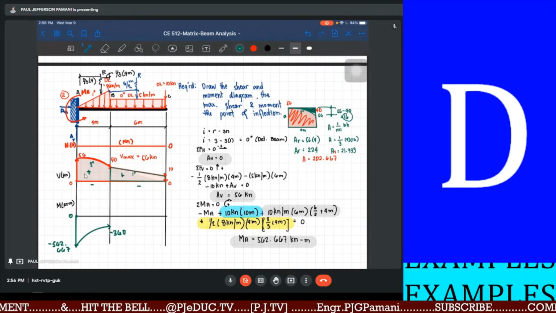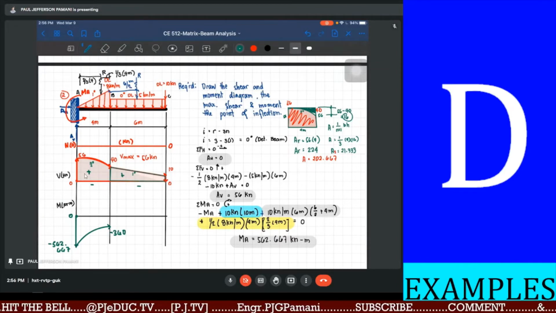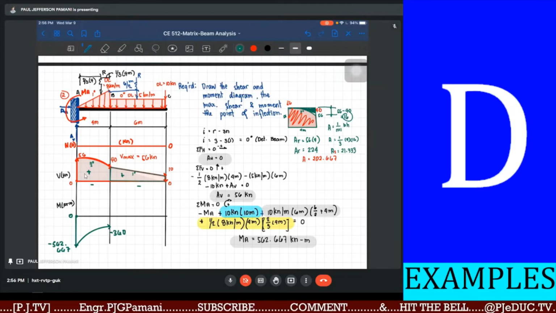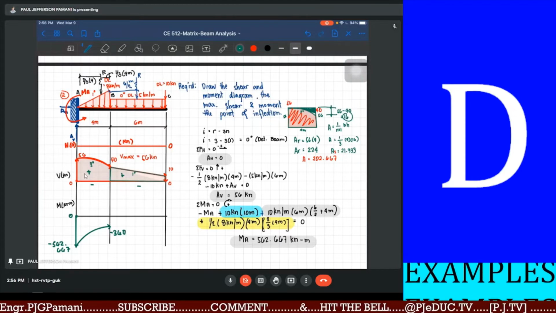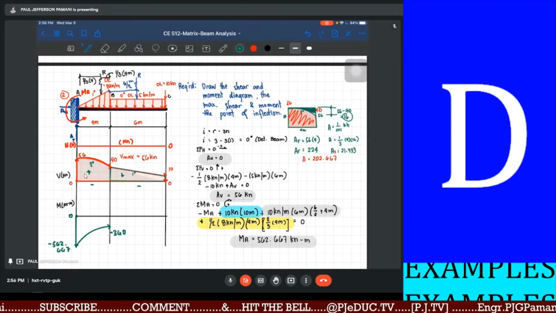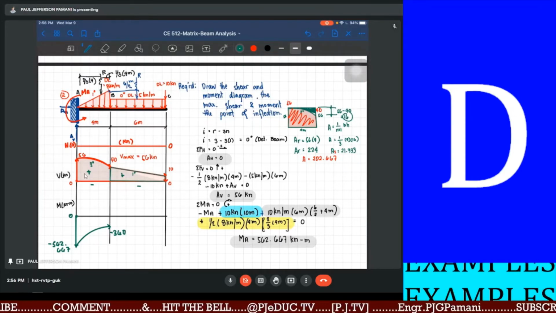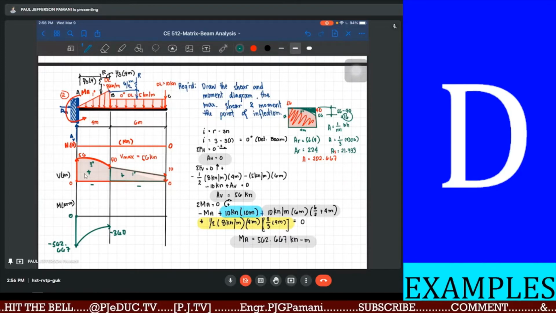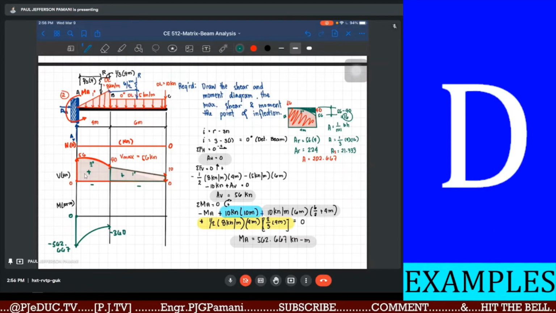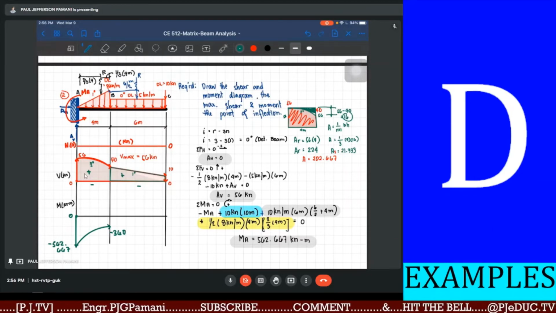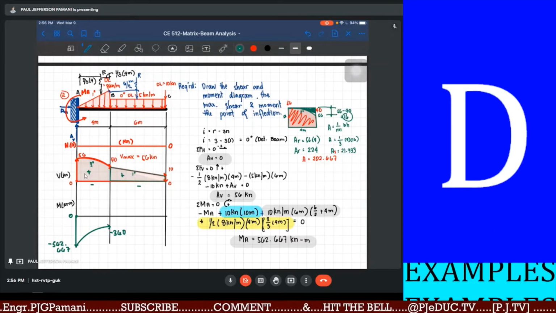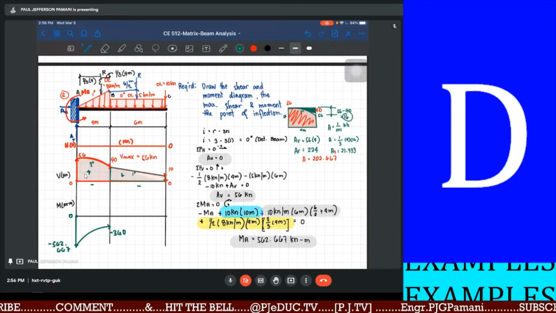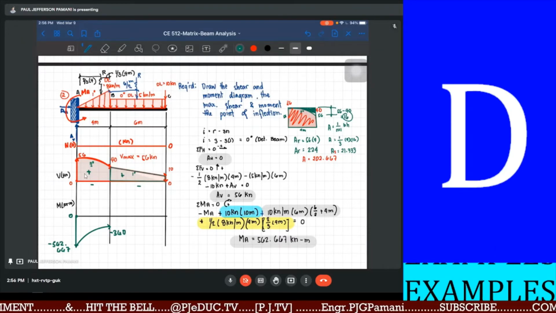Tama ba yung aking na-compute? Tama naman yun. Area of a rectangle. 16. 1/3. 4 times 16. 21.333. 56 times 4 minus answer 202.667.